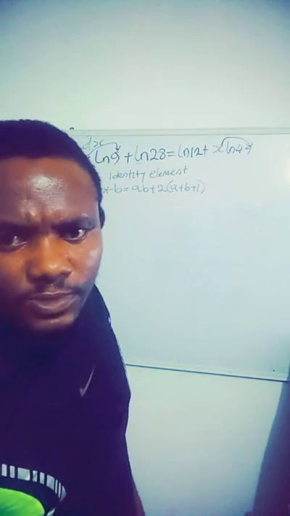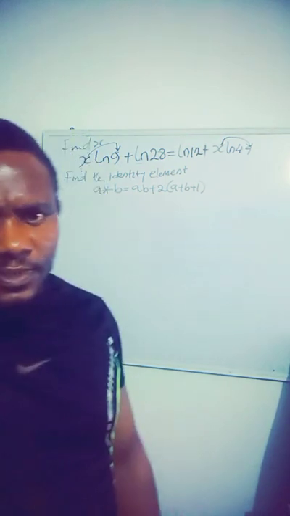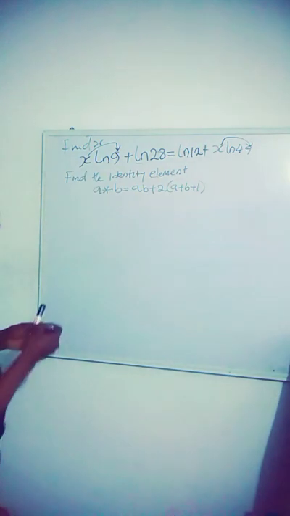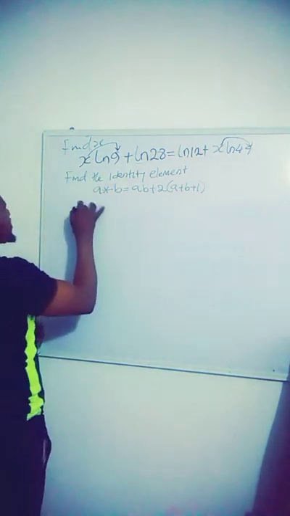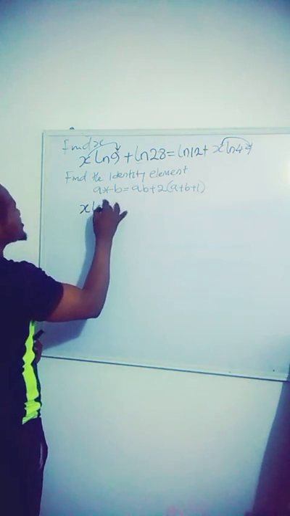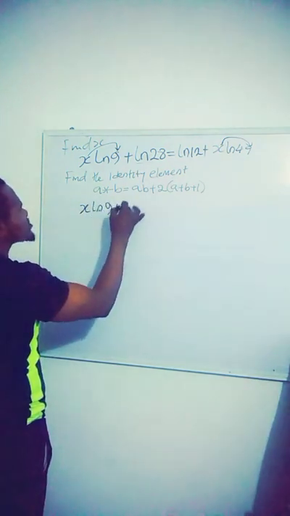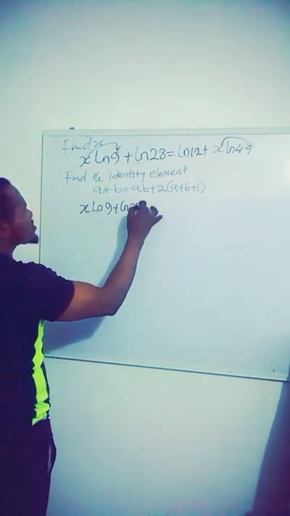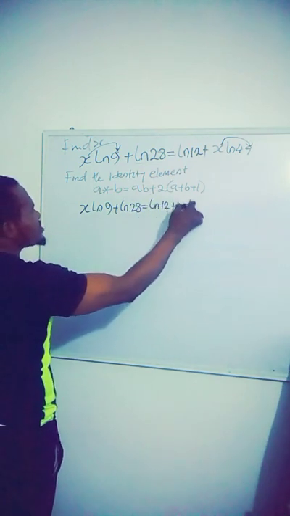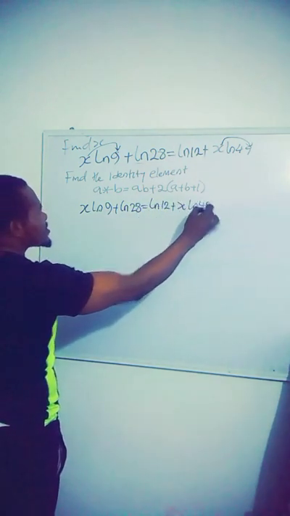Okay, so let's solve. We have x ln 9 plus ln 28 equals ln 12 plus x ln 49.